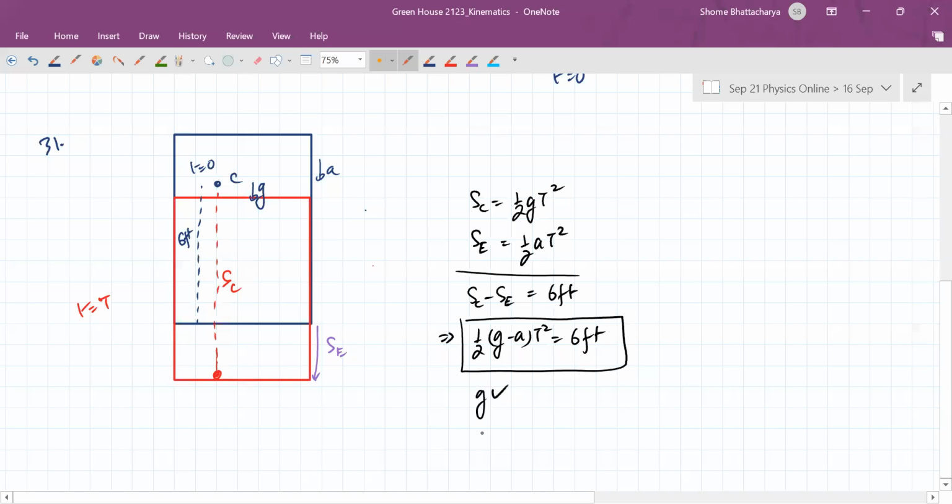Now in this, g is known, t is known. A is the unknown quantity which you can solve.